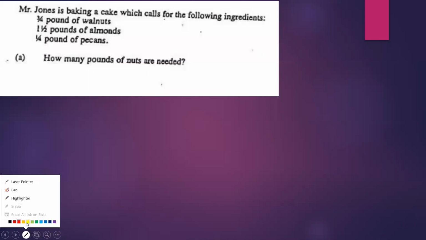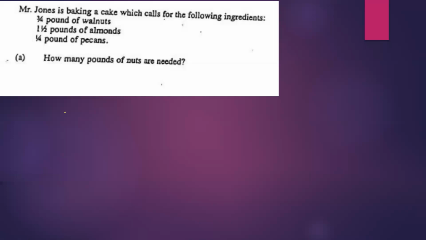So we have 3/4 pound plus 1 and 1/2 plus 1/4.